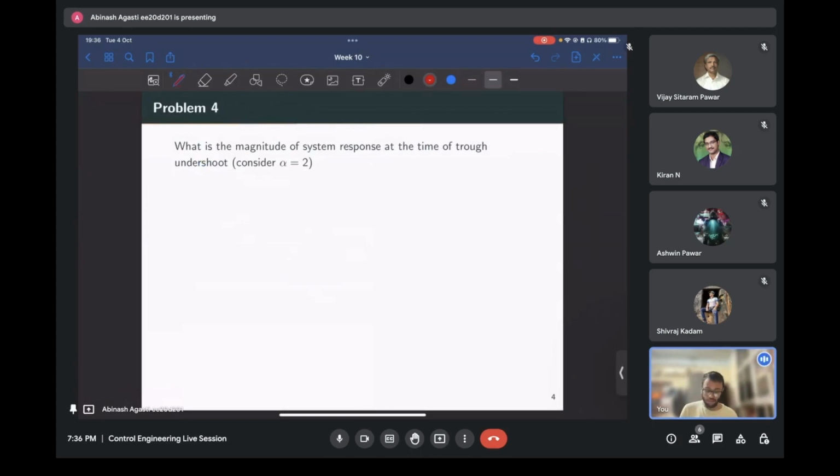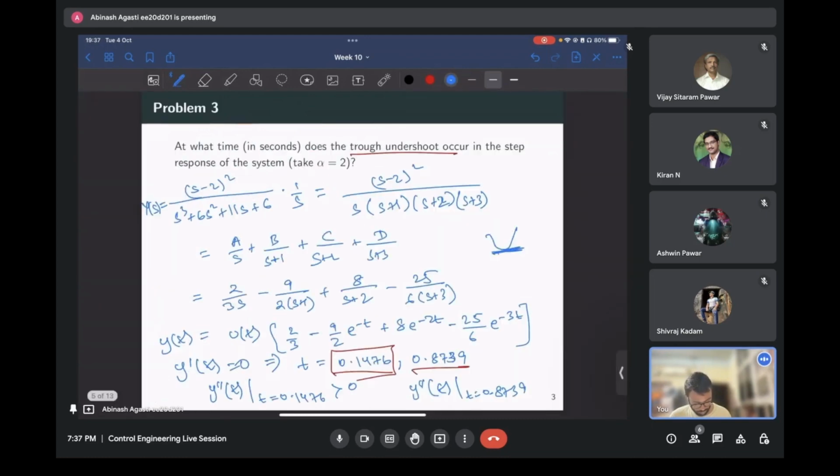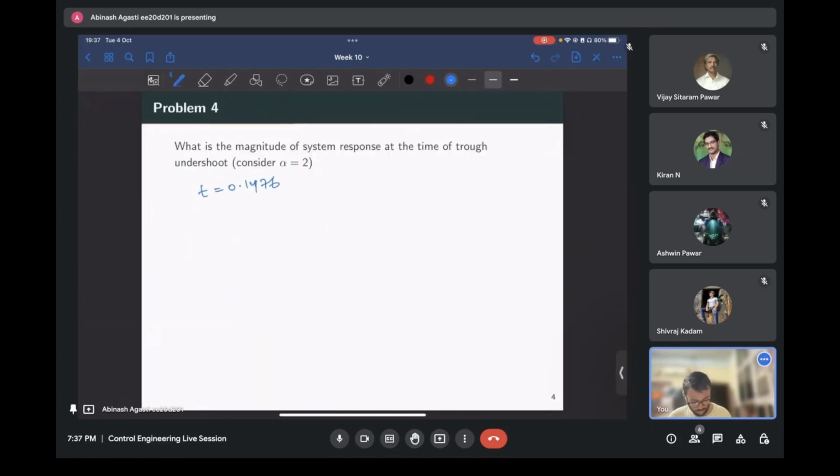So what is the magnitude of system response at the time of trough undershoot? Alright. So we found out that t is equal to 0.1476. This is the time when we'll get the undershoot. Then we just want to find out y at this time. You can find whatever the terms we had, 2 by 3, u of t, and so on.